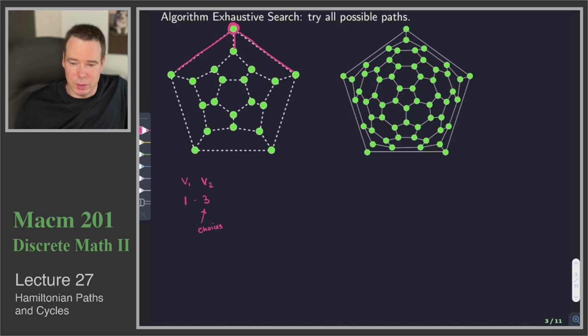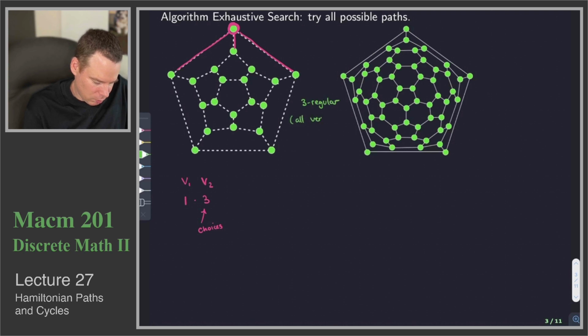Once I've picked that vertex, how many choices are there from that point forward? Well, a key observation for this graph is that every vertex, no matter which one I look at, has degree 3. So this is what we call a 3 regular graph. All vertices have degree 3.